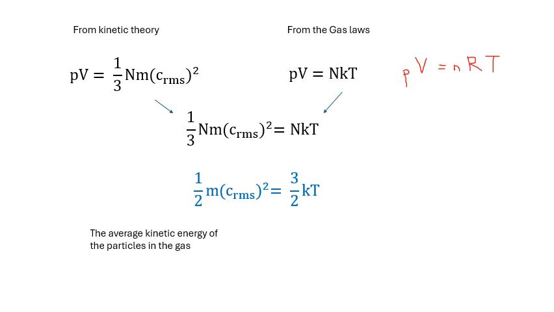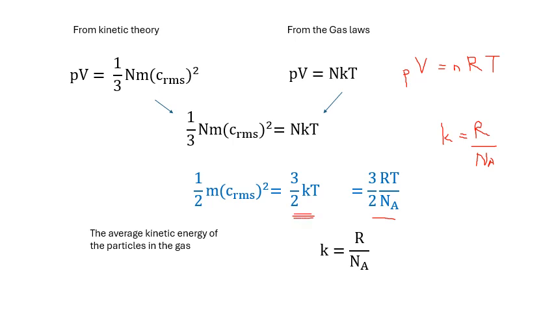If we multiply that average kinetic energy by the number of particles, that will tell us the internal energy. By the way, before I get into that, these are just different forms of the equation. You should know that Boltzmann's constant is just the gas constant divided by Avogadro's constant. It's a combination of constants, and bearing that in mind, these are just the same thing. Obviously this one here is a lot more convenient: 3/2 kT.